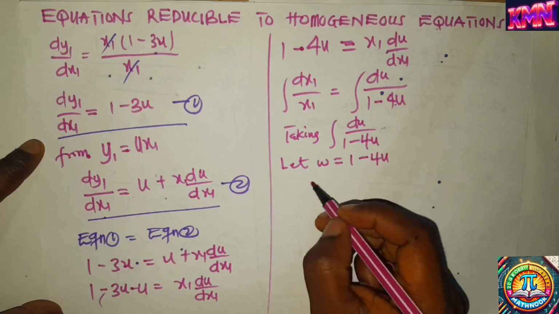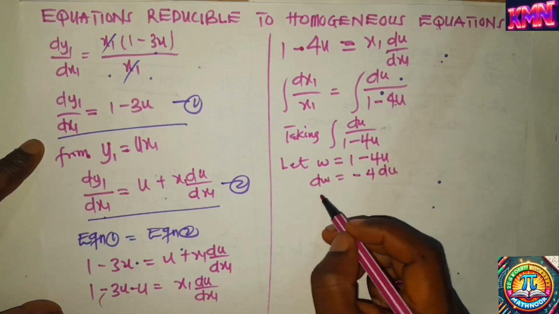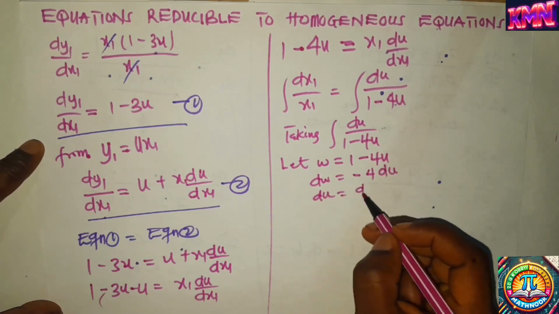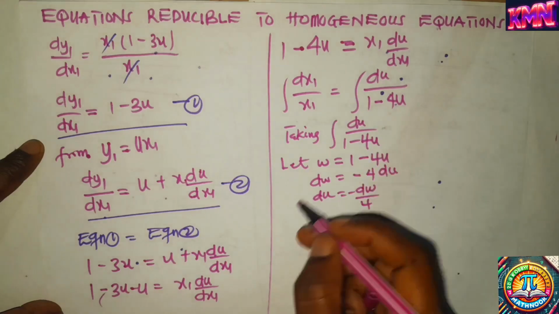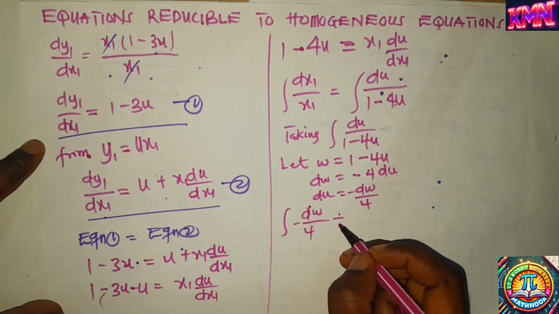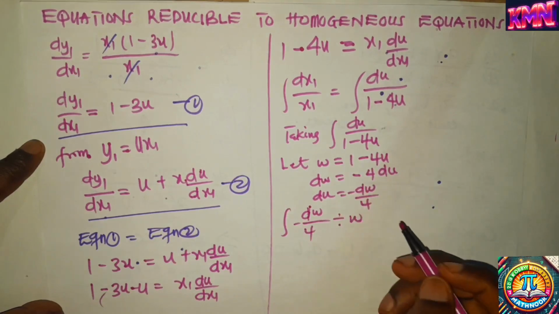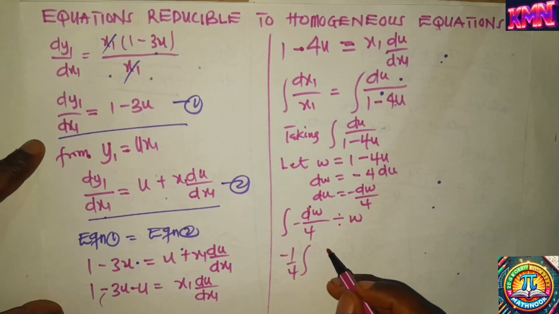w equals 1 minus 4u, so dw equals negative 4 du. The du becomes negative dw on 4. Substituting everything back, where this is w, so it becomes w. So factorizing, we are going to get negative 1 on 4 integral of 1 on w dw.